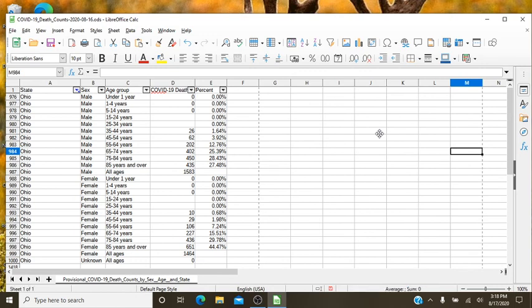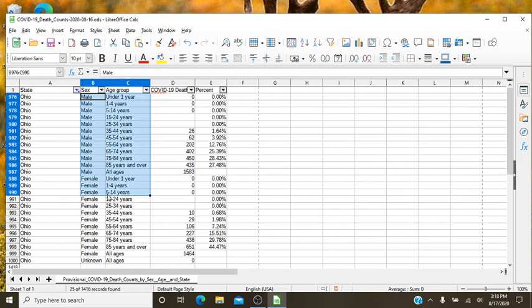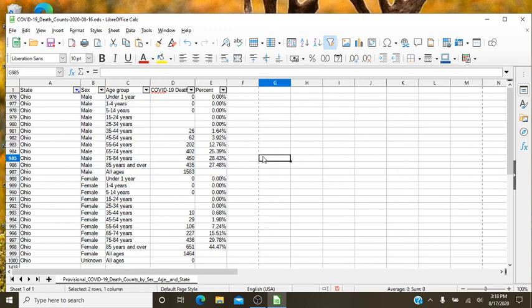I'm sure we can do a stacked bar chart. You know what? I think I'll call this a done deal for this time.